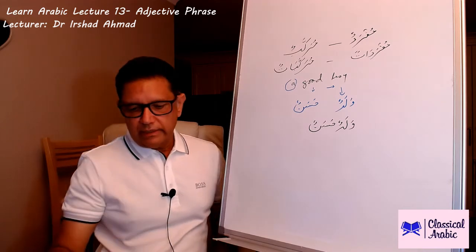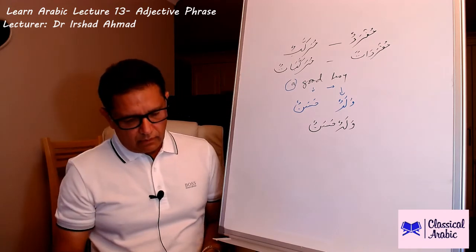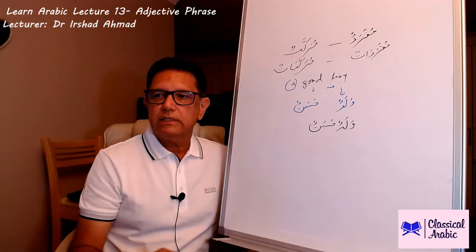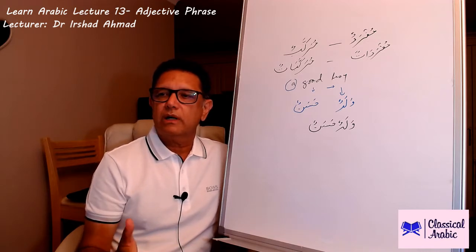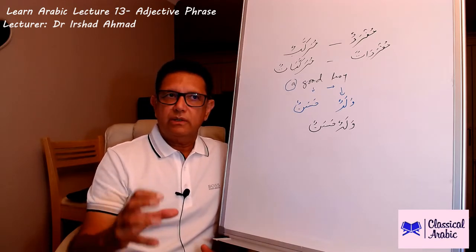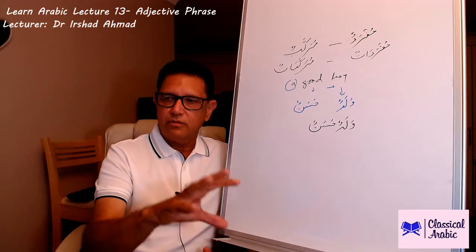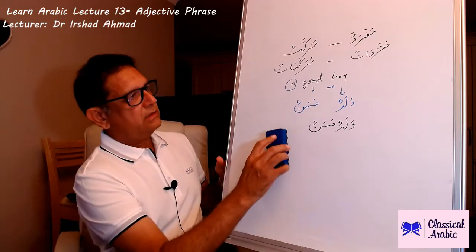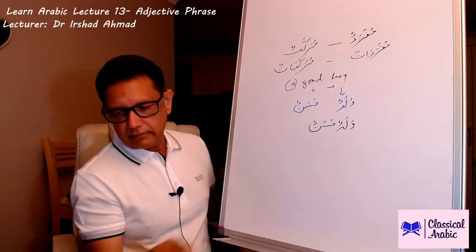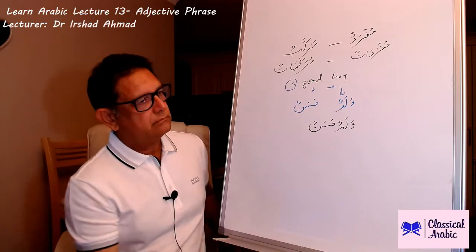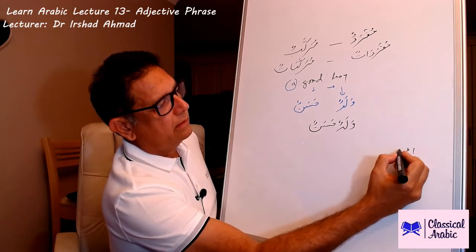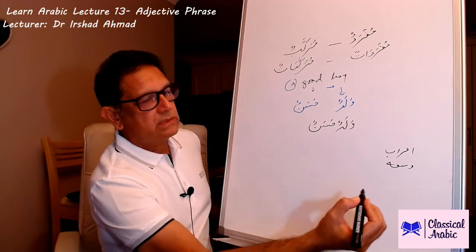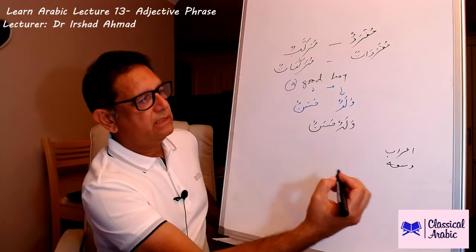The next point is that we said that for correct use of a noun in a sentence, we have to be familiar with 4 aspects of a noun, and we have worked quite hard on that to make our foundation strong. So what are those 4 aspects? The 4 aspects are i'rab, then wus'a, which is marifa and nakira, which is definiteness.